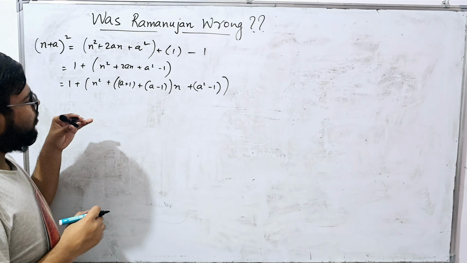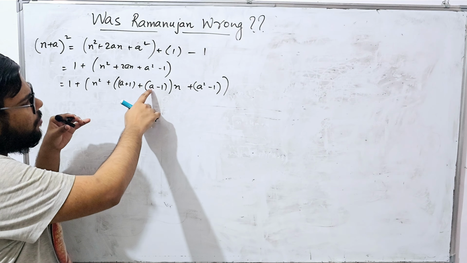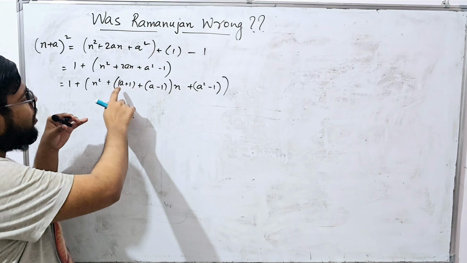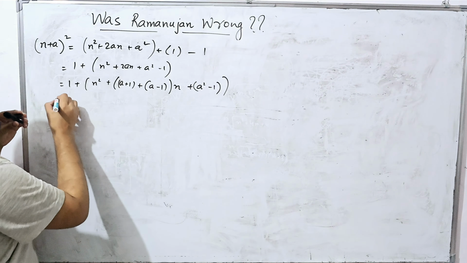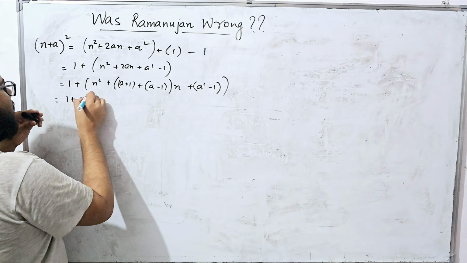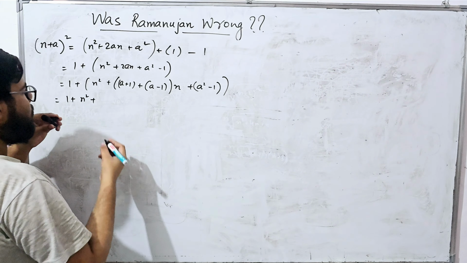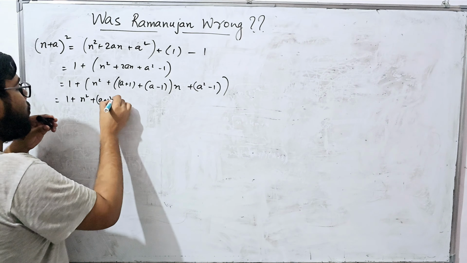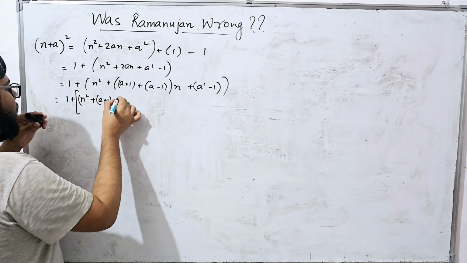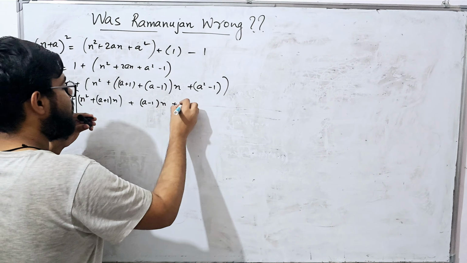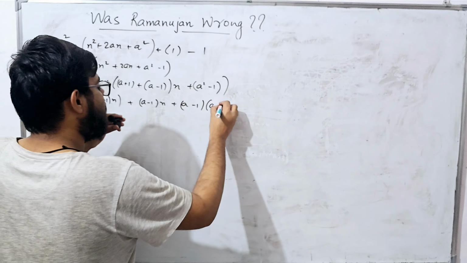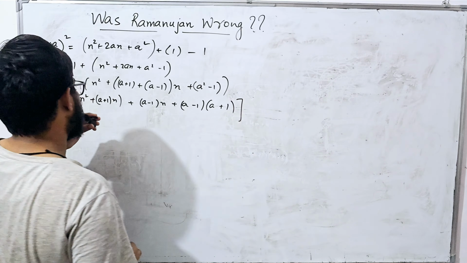A plus 1 plus a minus 1 is 2a, and their product is a square minus 1, right? So it's correct. So we get 1 plus n square plus a plus 1 into n plus a minus 1 into the quantity n plus a minus 1 into a plus 1, right? Simple, right?